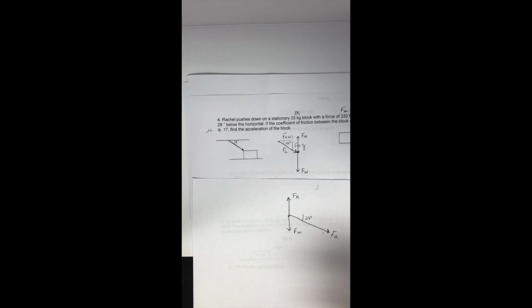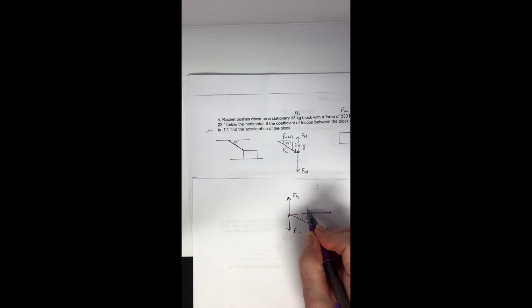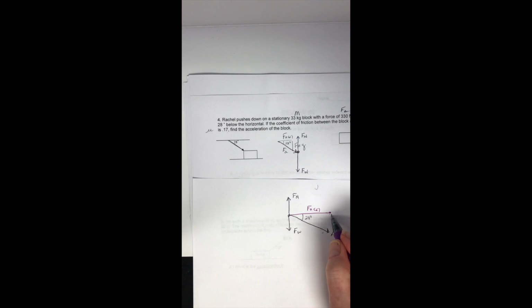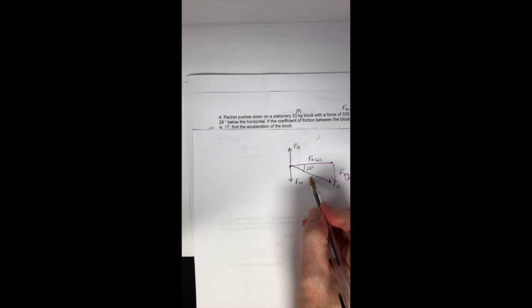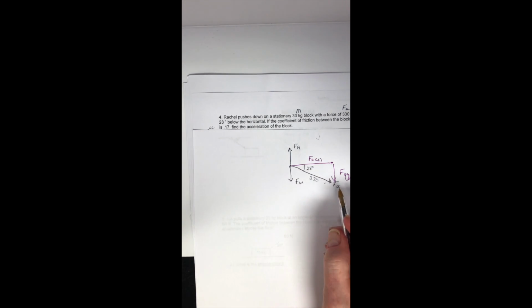So I need to find force applied X and force applied Y. Same thing here. I'm going to continue on this one because I have more room. Okay, how do I find force applied X? We know that the force applied is 330 newtons. This side is adjacent over hypotenuse. So this is cosine, r cosine theta.